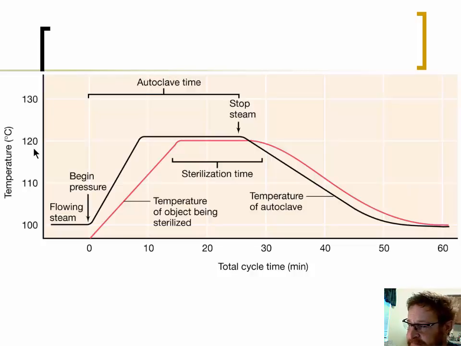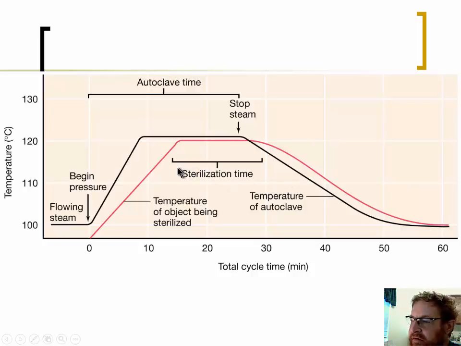So we can draw this: we start the steam in, and then it takes a bit of time to get up to 121 degrees centigrade. The objects inside will lag behind a little bit, both on the front end and on the back end.